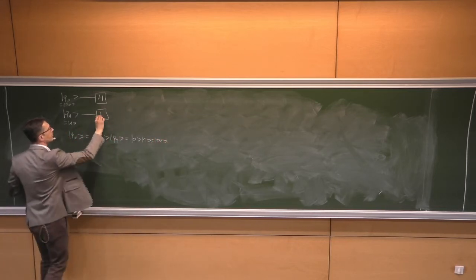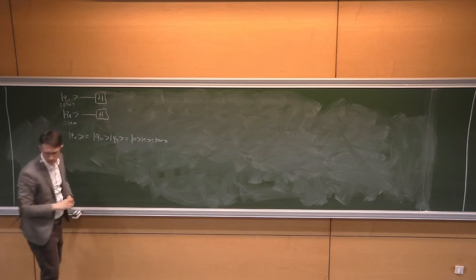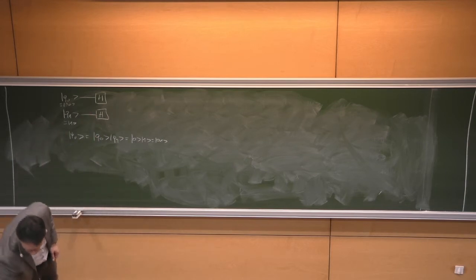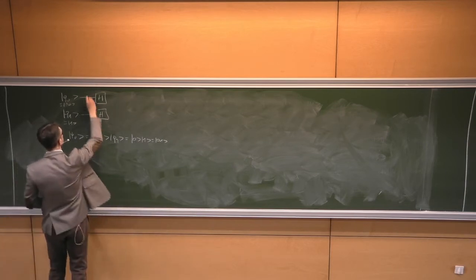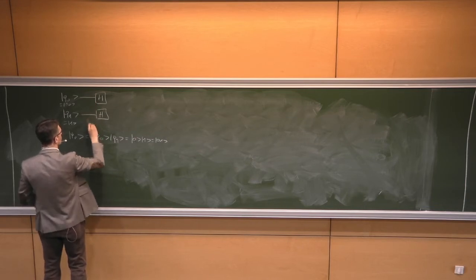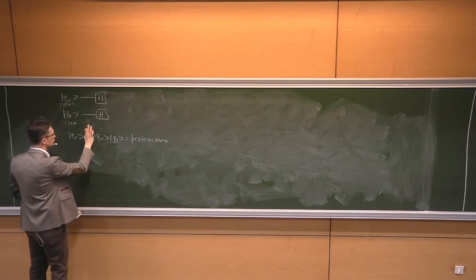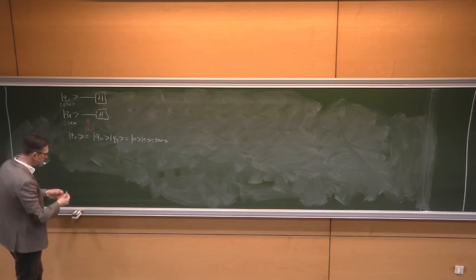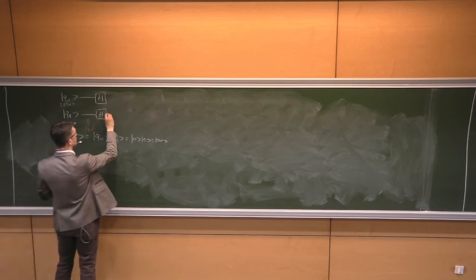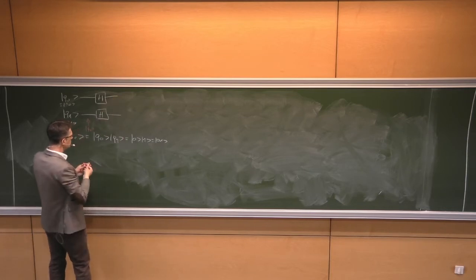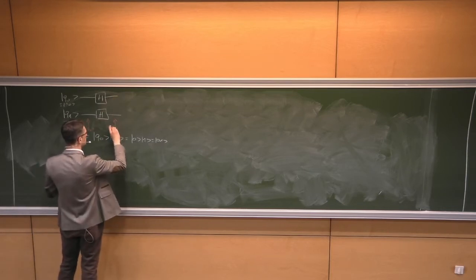And then, this is where psi 0 would be. Now apply the Hadamard gate to each of them. So I will be in a psi 1 state.